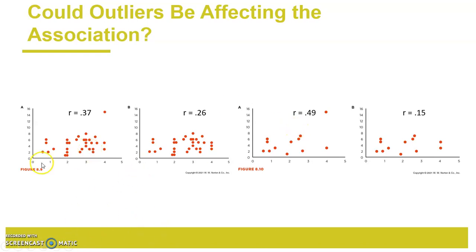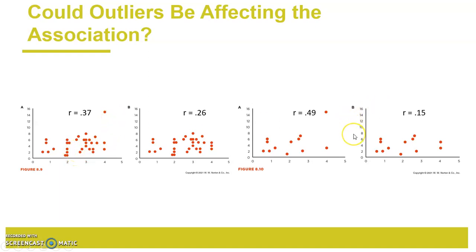If you draw a line here through these points, mathematically there's a line that's going to fit those points best, or the average distance from the points to the line is minimized. Now if you have this point in here, it's going to tweak this line of best fit upward, and it's going to actually influence the R value, indicating a stronger correlation here than if you were to remove it. Okay?